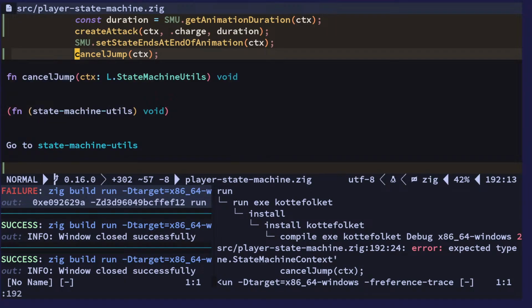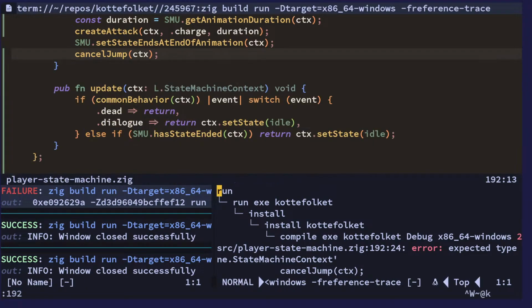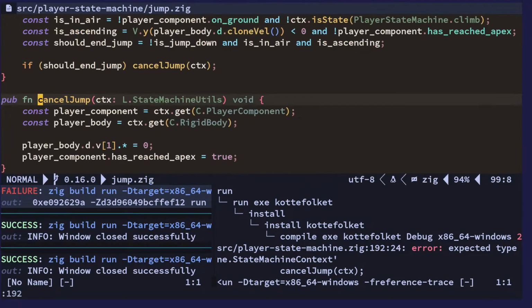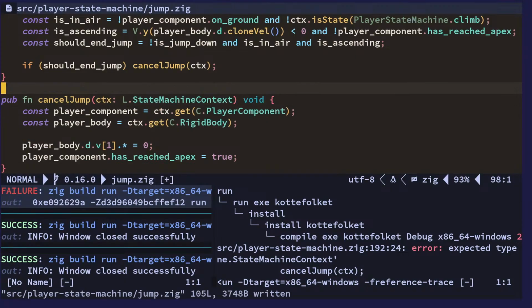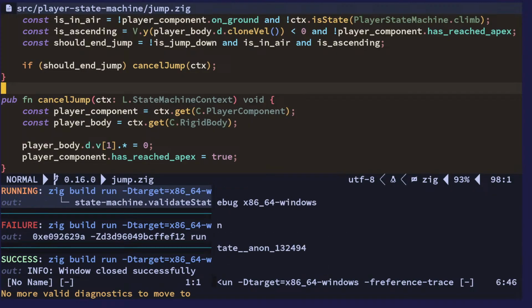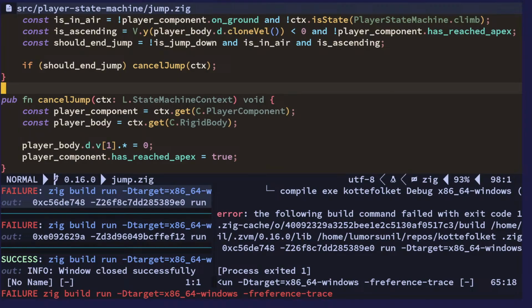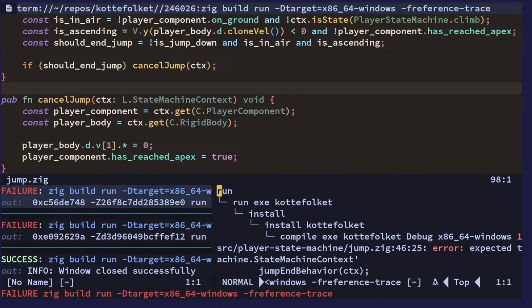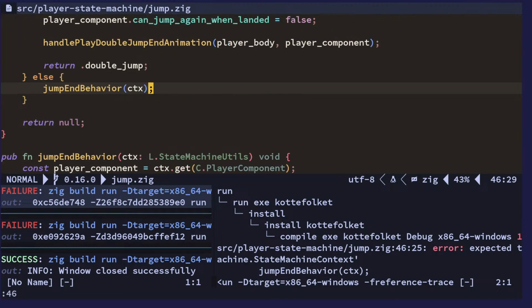What? Expected. Wait. Oh, I see. That's why it doesn't work. There we go. Still more issues. Okay, 46.